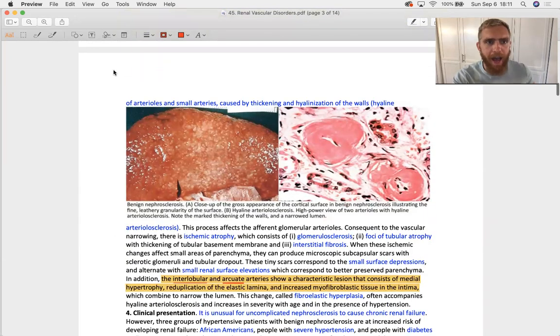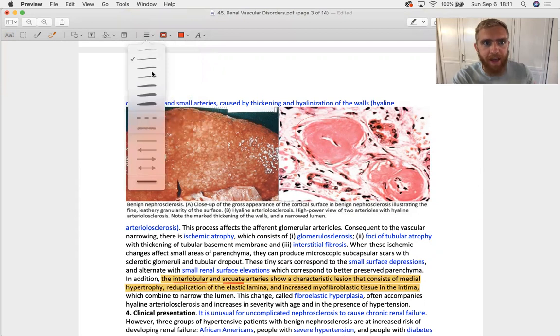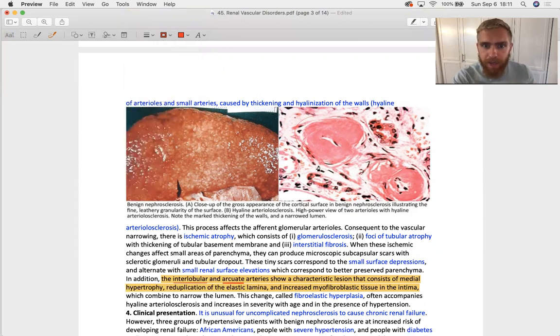It's going to be hyaline arteriolosclerosis, that's arteriolar damage. It's going to be that unless you have malignant hypertension, which is an episode of very dramatic hypertension, in which case you're going to have a hyperplastic arteriolosclerosis.